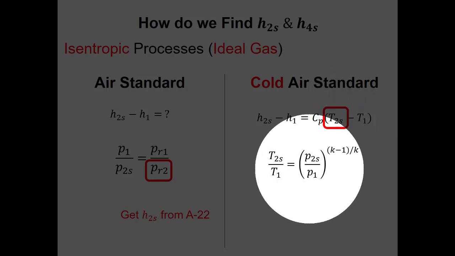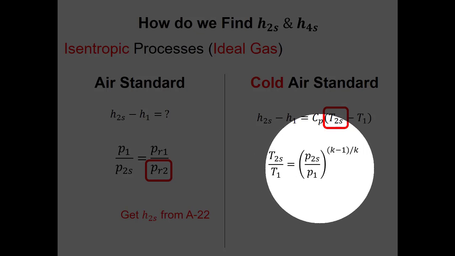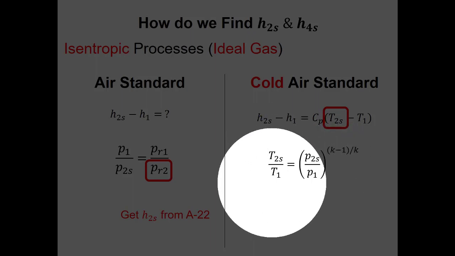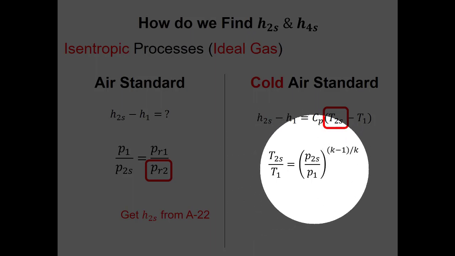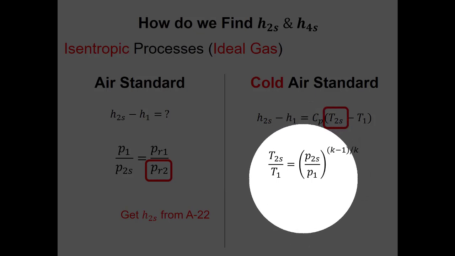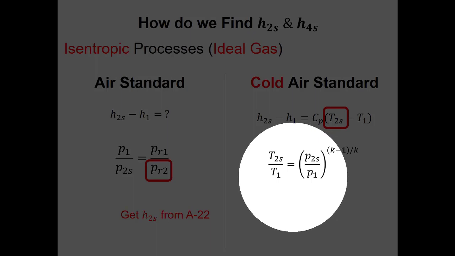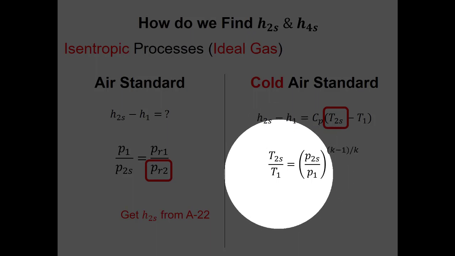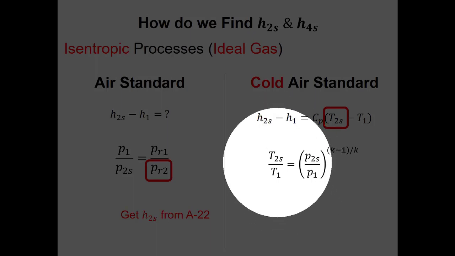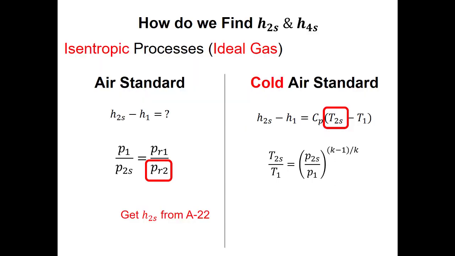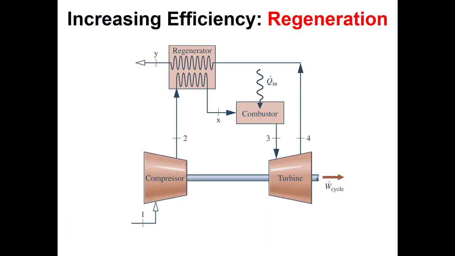To do that, if I've assumed that specific heats are constant, then I'm going to look for an equation with k in the exponent, where I'm trying to find this ratio of temperatures, and I know the ratio of pressures, which is typical in these open systems. In a case like this, I see that temperatures are not delta temperatures here, so I know that I have to use absolute temperatures in either degrees Kelvin or degrees Rankine.